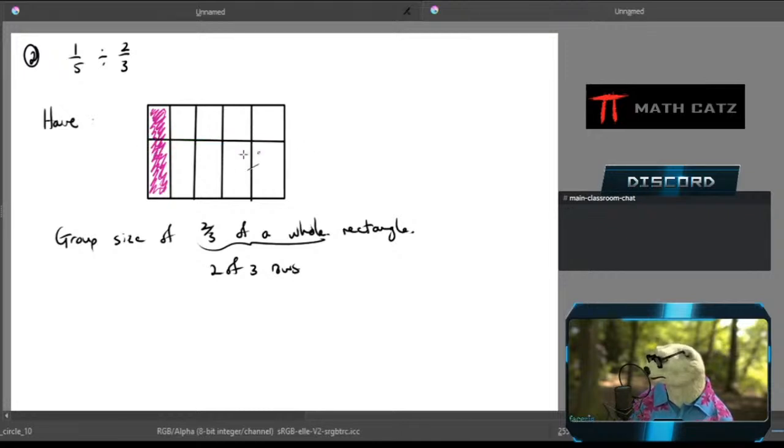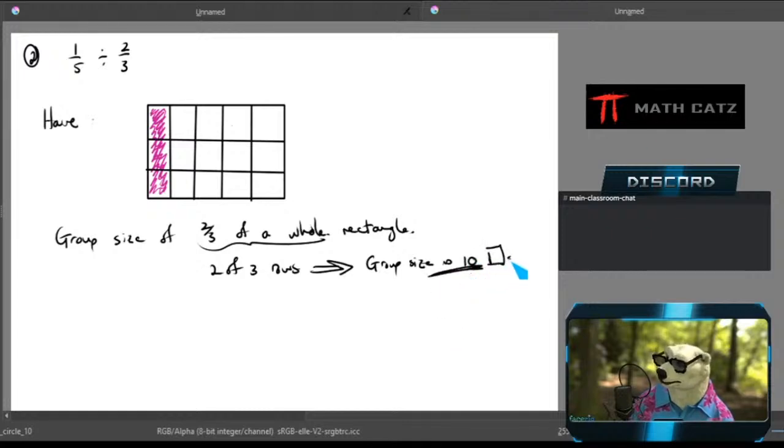So I split it up so that I need to see 2 of 3 things. Columns are done, rows it is. So that means that my group size in integer form is 1, 2, 3, 4, 5, 10. 10 little pieces. All right.